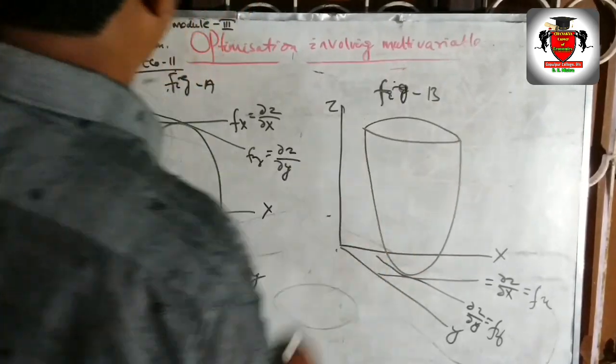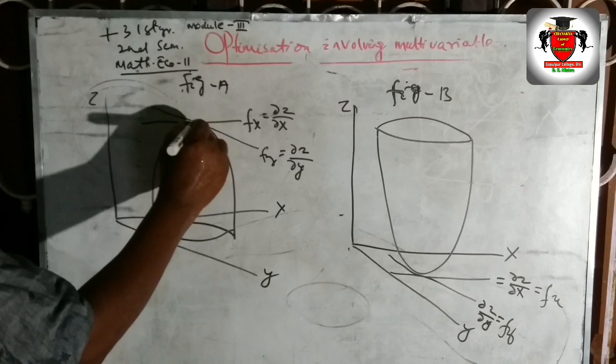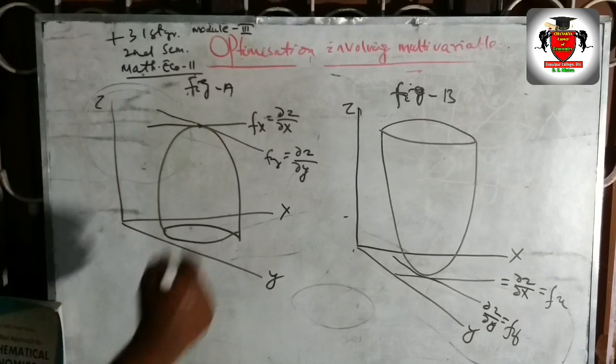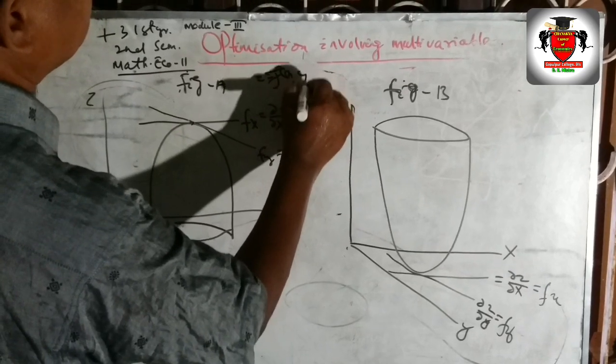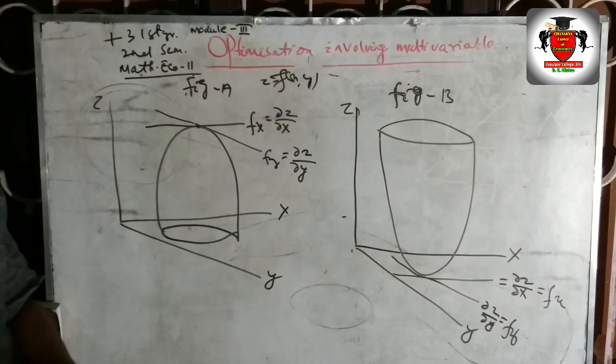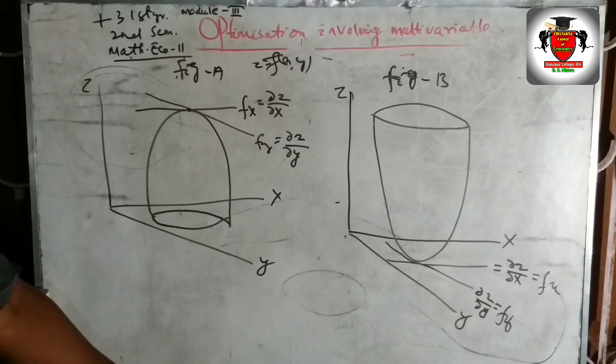Look at figure 1 or figure A. This is the point of maximum. z is a function of x, y here. For simplicity, we start from the two independent variable case, then we will go for the multivariable or n variable case.